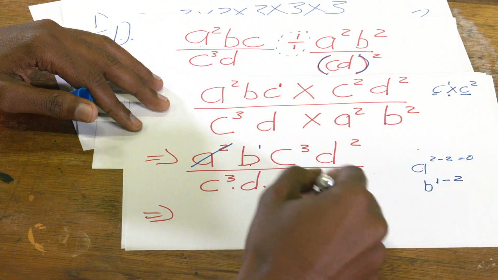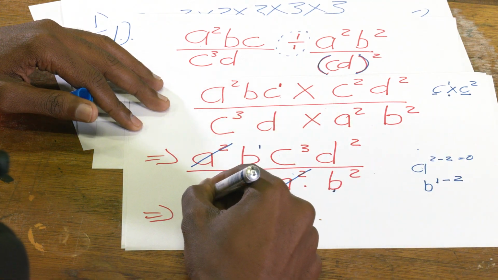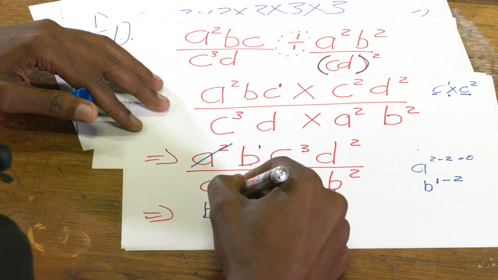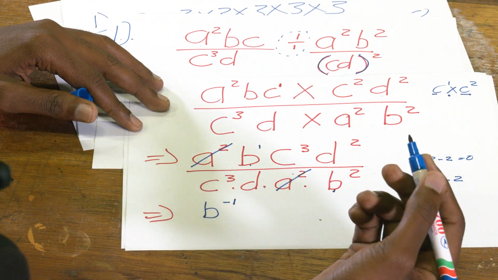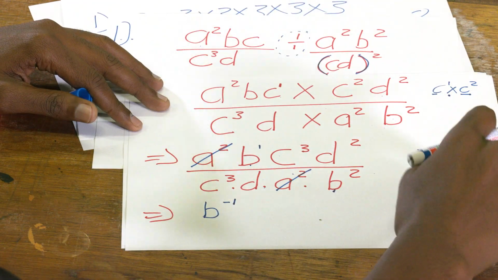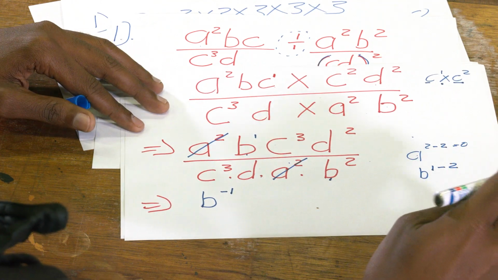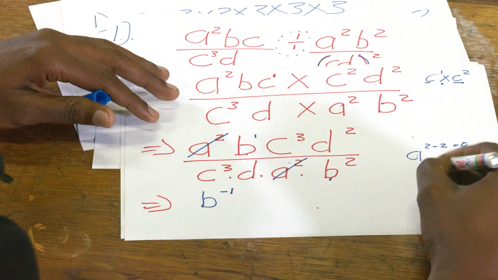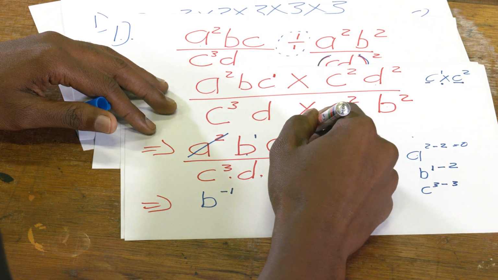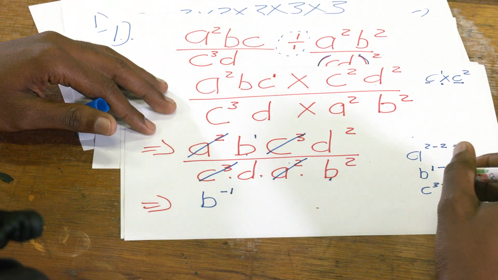The variables are the same, b and b, so we subtract. 1 minus 2 becomes b to the minus 1. You see, now we're using integers, which is why you need to understand integers, but I'll do a lesson on that so you get it. And then we come to c. c to the 3 minus 3. Those cancel each other out. So c goes. Now we're left with d.